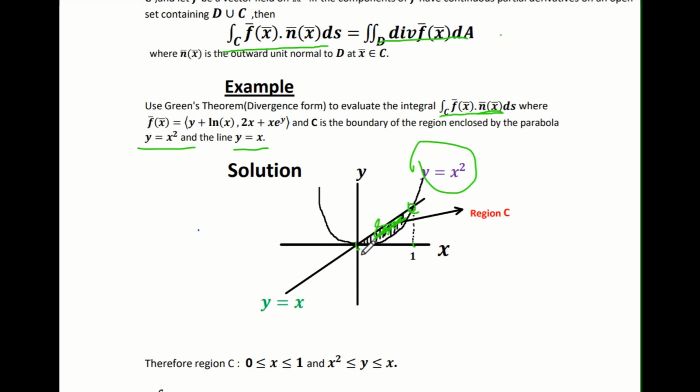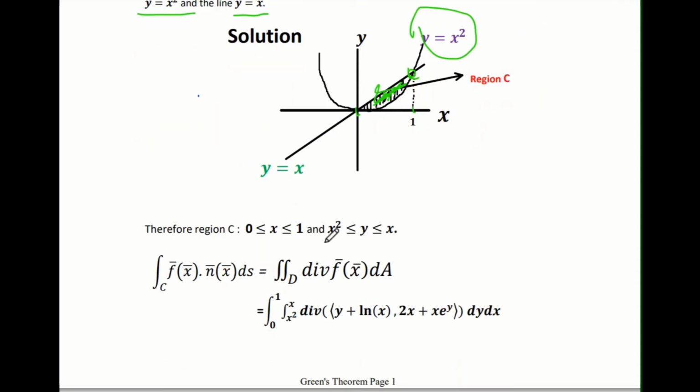Meaning y is less than or equal to x and y is greater than or equal to x squared. So y moves from x squared to x, and x moves from 0 to 1. With that said, we have got the integration limits correctly.